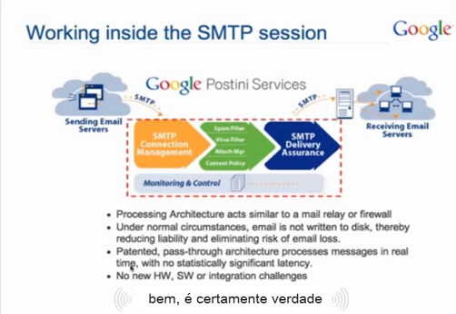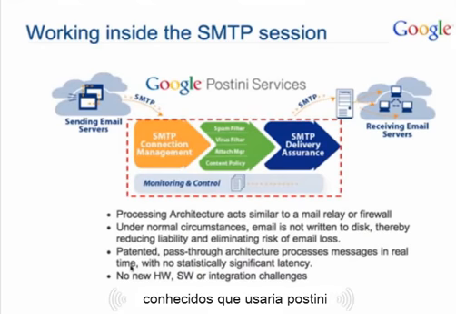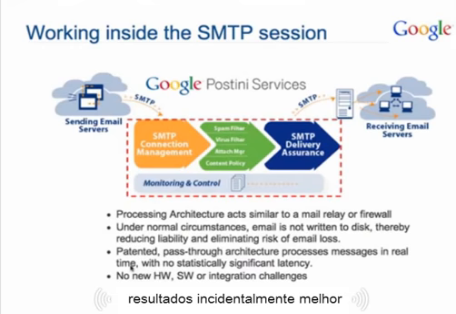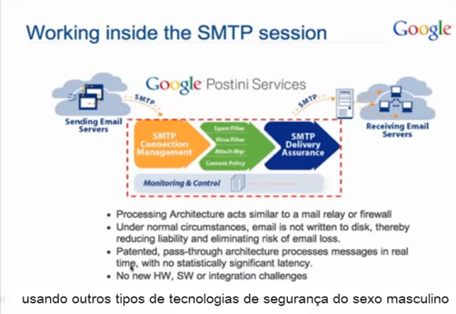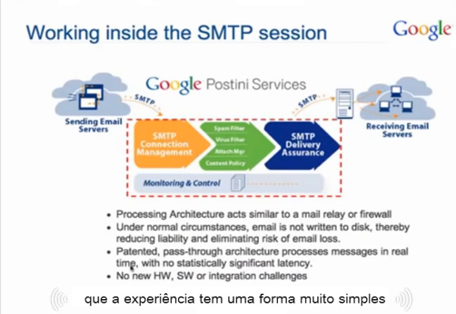While it's certainly true that there are many vendors who have a similar presentation in terms of hosting their services in the cloud, those of you who might have used Postini in the past, or perhaps have had acquaintances who have used Postini, might have at some point wondered why it was that Postini users experienced different, incidentally better, results than those using other types of mail security technologies. It turns out that that experience has a very simple technical foundation.